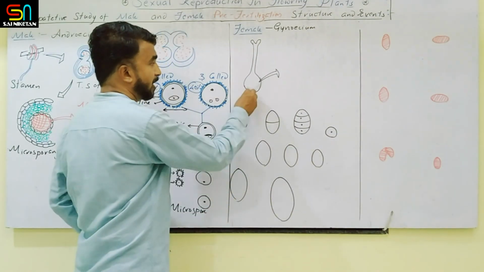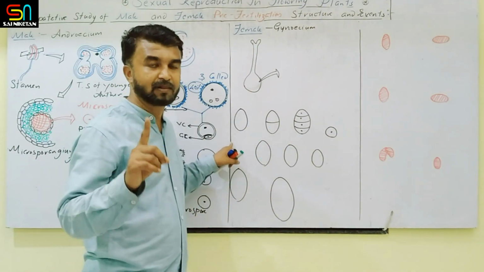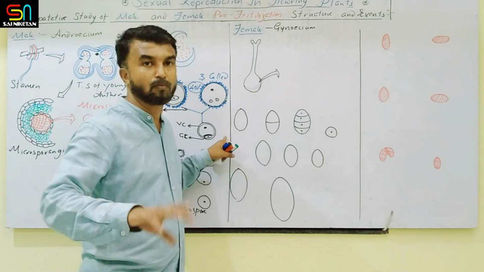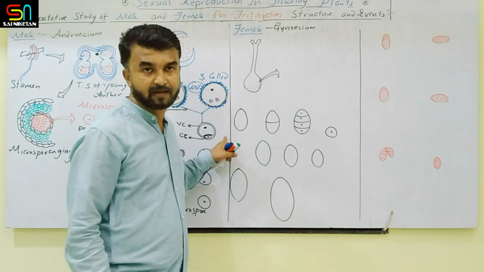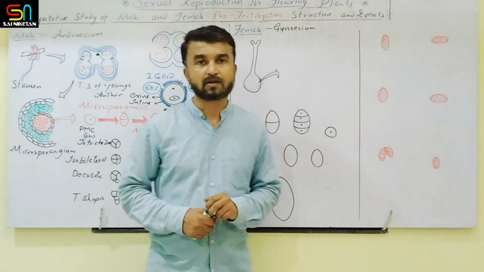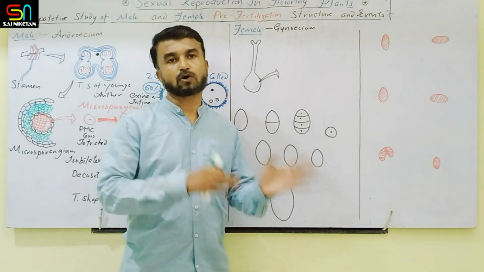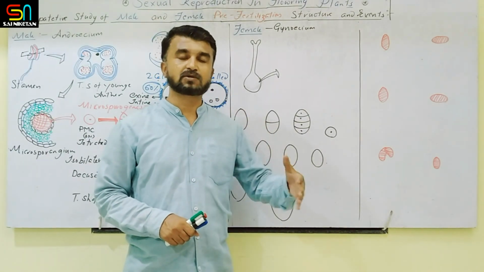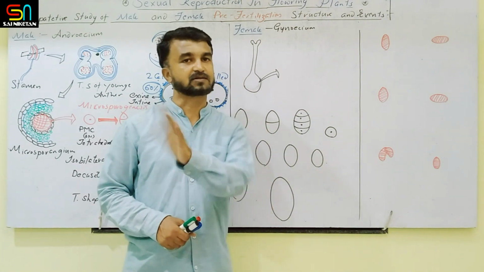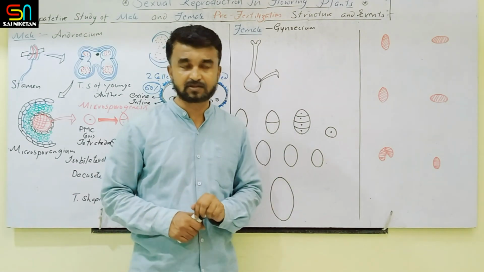If the gynoecium is made up of one carpel, that is monocarpellary. More than one, polycarpellary. If it is a polycarpellary gynoecium, the carpels are either fused or free. If they are fused, it is syncarpous. If they are free, that is apocarpous. Yes.